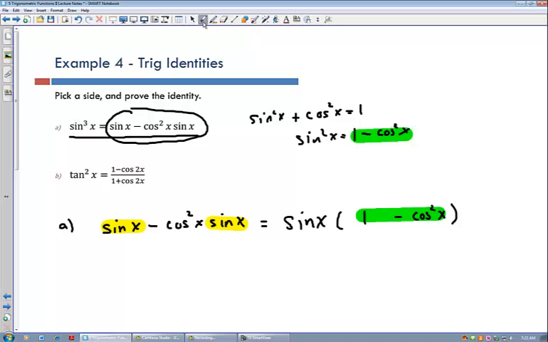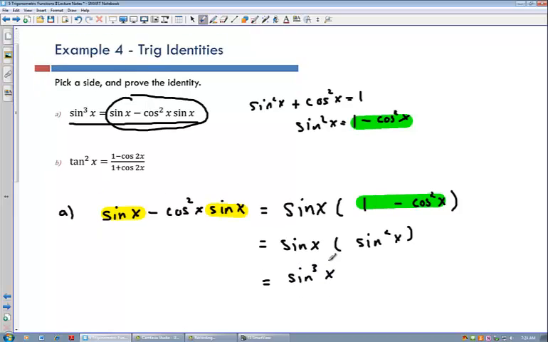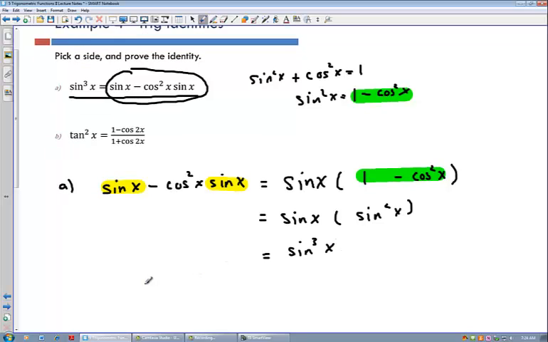So I can swap this out with sine squared of x, so this is going to be equal to sine of x times sine squared of x, which is equal to sine cubed of x. So therefore, my identity is true. So therefore, I know that sine cubed x is certainly equal to sine of x minus cosine squared of x sine of x.